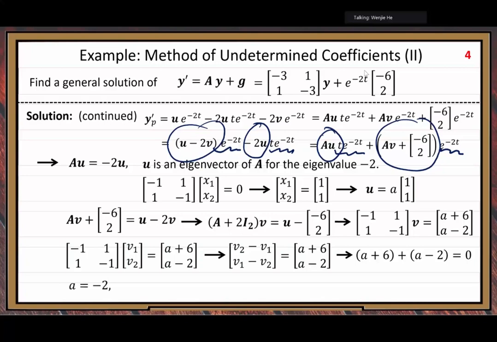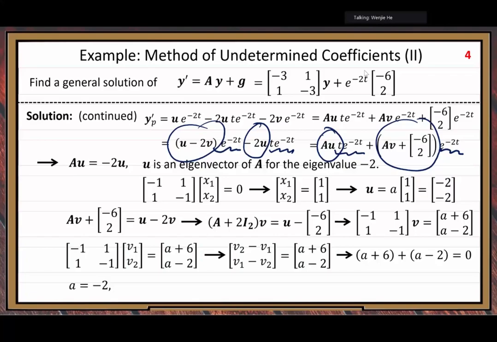Little a must be equal to -2. In this way, you can only choose little a to be -2, then you can find a v vector. Otherwise, you cannot find a v vector. Okay? All right.